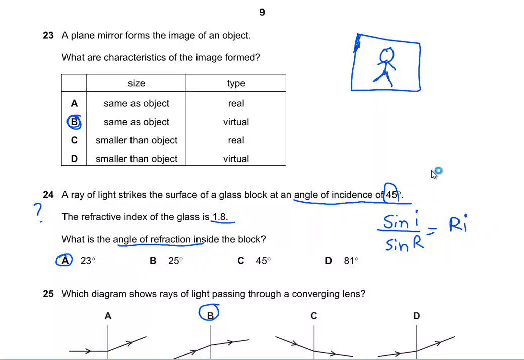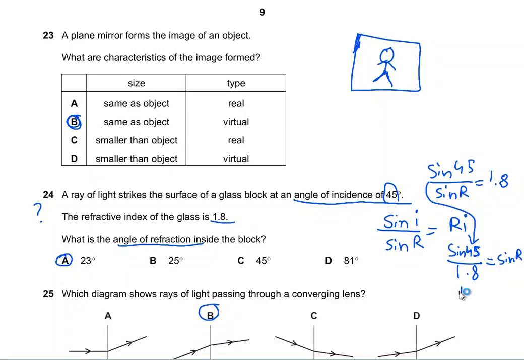So sine 45 divided by sine r equals 1.8. Basically, you need to reverse it: sine 45 divided by 1.8 equals sine r. So r equals sine inverse of sine 45 over 1.8, that gives me 23.13. So yeah, A is the answer.